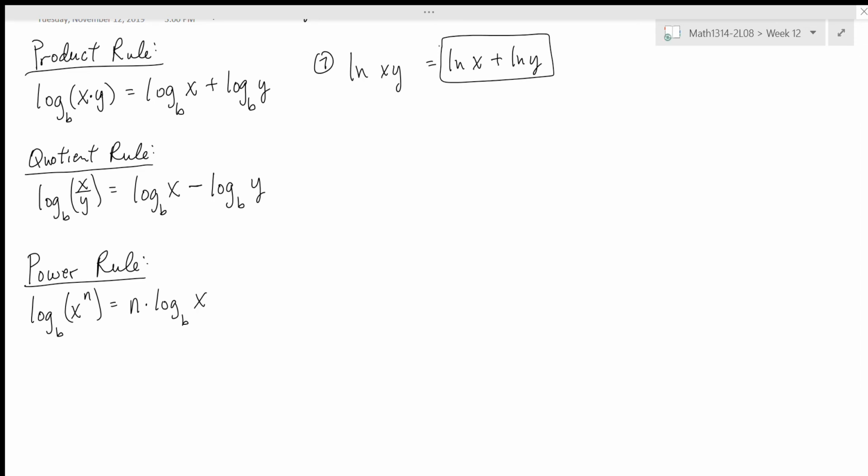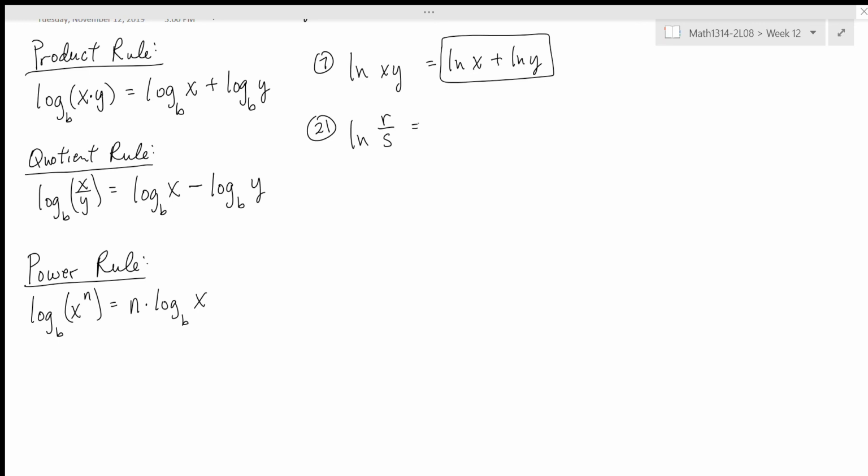Okay, next problem. Let's look at number 21. How about the natural log of r over s? Quotient. This is the quotient rule.